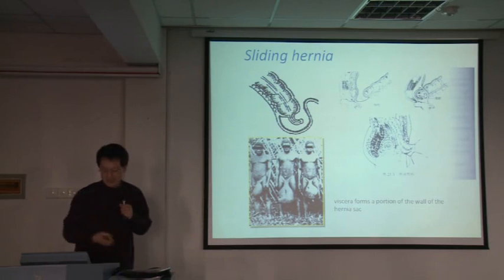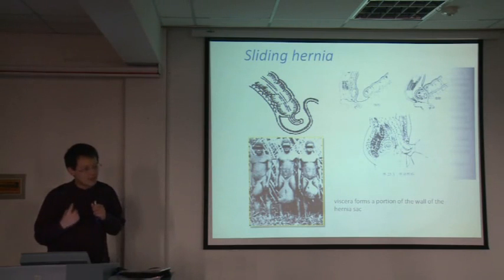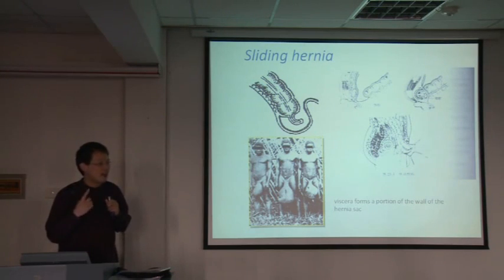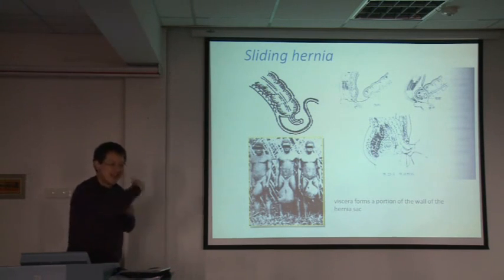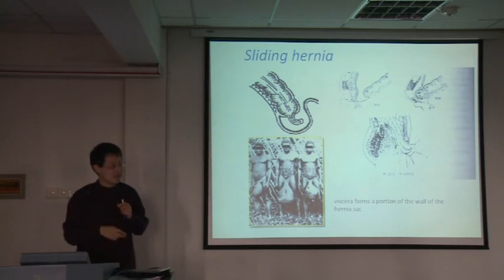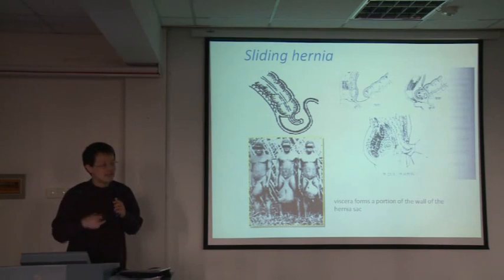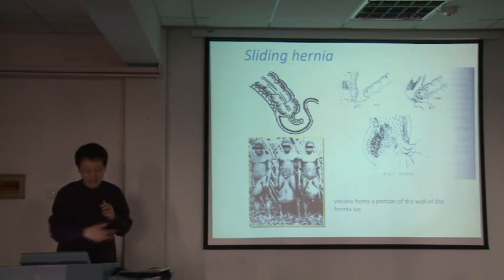The reason is that the guy had a sliding hernia, and the doctor there did not pay attention to this problem, and they made a ligation and cut the sac of the hernia, and actually they cut the urinary bladder, because this is a sliding hernia.